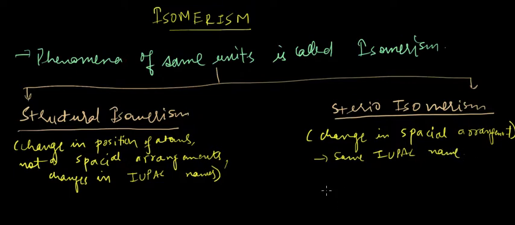Okay, now structural isomerism is also known as constitutional isomerism or regioisomerism. So I'm just writing the name in case in exam somebody asks you to draw the constitutional isomers of this compound. So you should not get confused that constitutional isomer or regioisomer is the same as structural isomer.